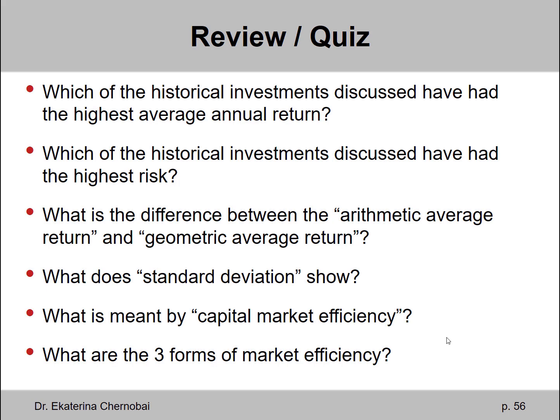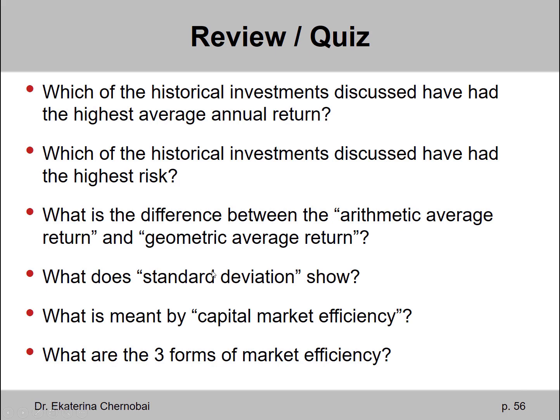So the geometric average return is the average return over 1 year compounded annually, but it's for the entire investment period. So in a way, you're forcing your money to grow smoothly at the same exact rate year after year after year over your investment period, rather than allowing for some years to give you a higher return and others giving you a lower return. You're forcing all of them to be the same percentage return every year. That's the geometric average return.